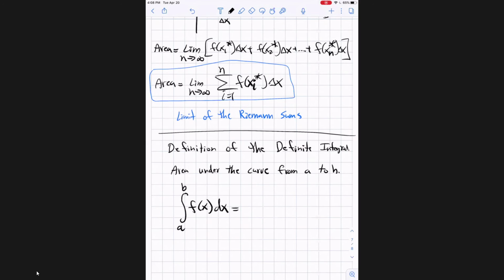That is equal to the limit of the Riemann sums, which is the limit as n goes to infinity of the summation from i equals 1 to n of f of x sub i times delta x.